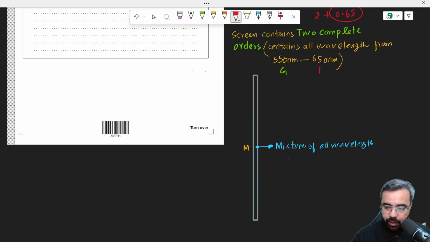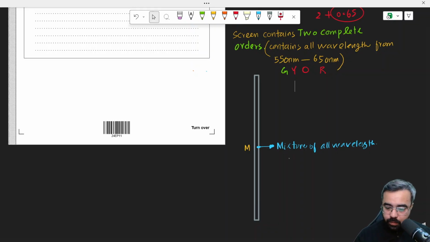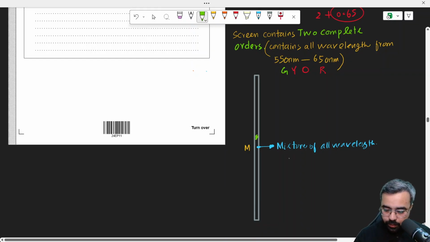So how many colors do you have from green to red? Green, yellow, orange, and red. First of all, we will draw the lesser wavelength, which is obviously green. So look at this.